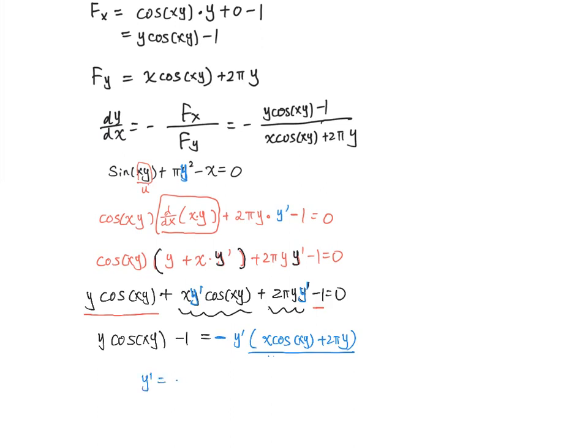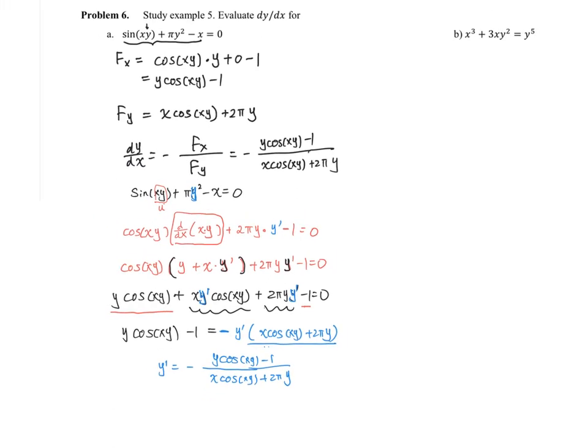So y prime equals negative y cosine xy minus 1 divided by x cosine xy plus 2 pi y. So I just want you to compare these two. You probably feel it's nicer to go with the first method because it's less complicated. Hopefully you agree with that.